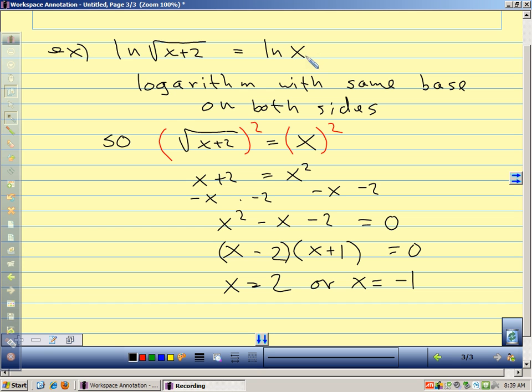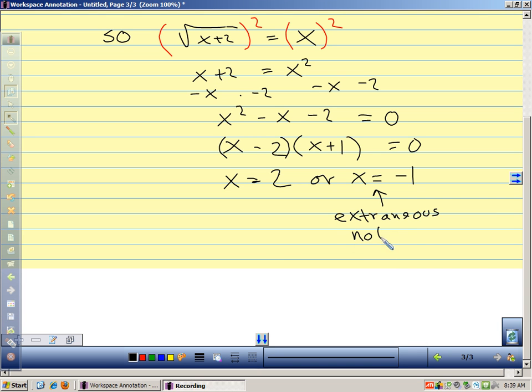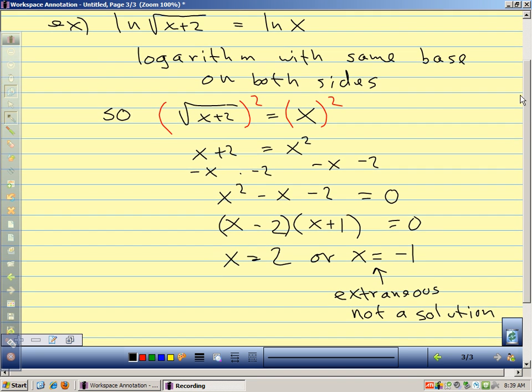Can we take the natural log of a negative number? Nope. So this is what we call extraneous. It's not a solution. We checked it in our original equation, and negative 1 won't work. So our solution is x equals 2.